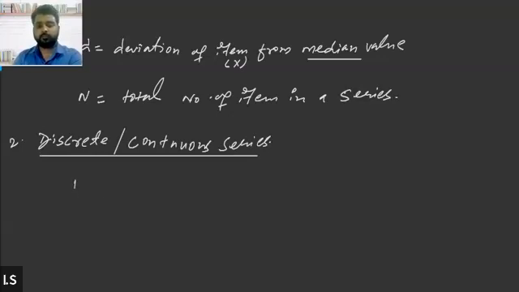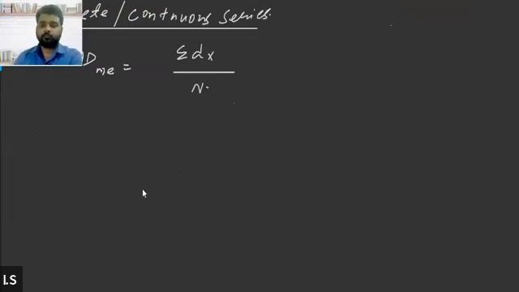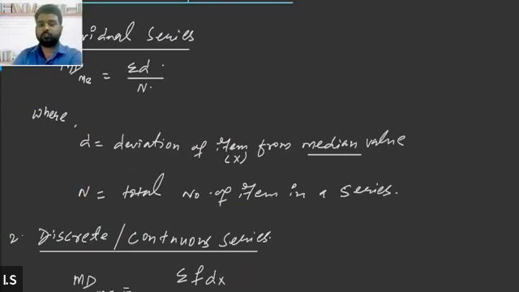In this case, the formula will be mean deviation from median equals sigma f dx upon number of items, and in case of individual series, just make a correction, it will be sigma dx.